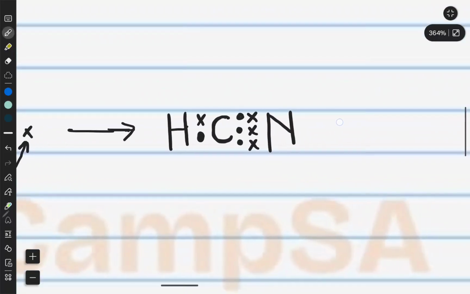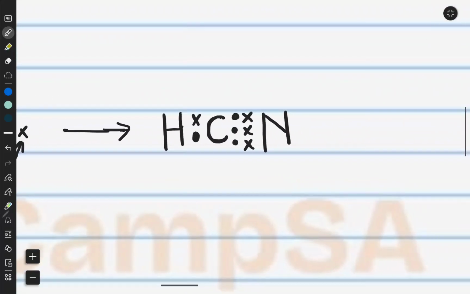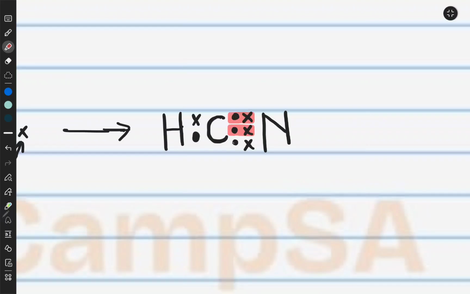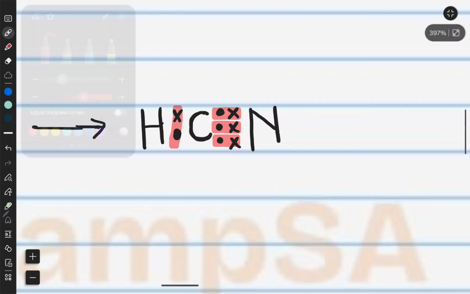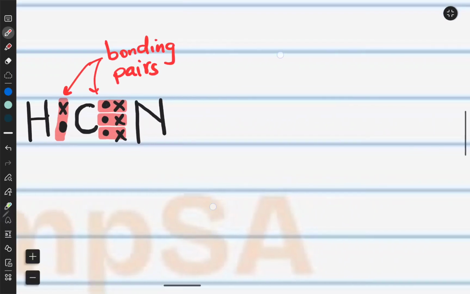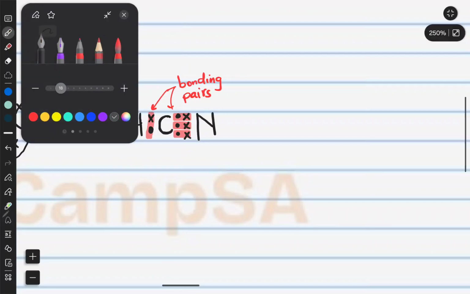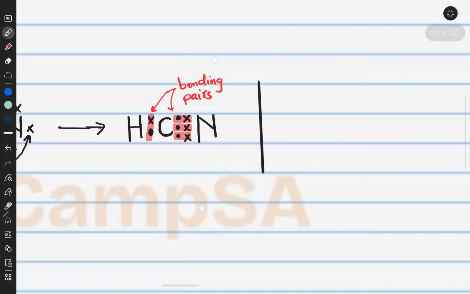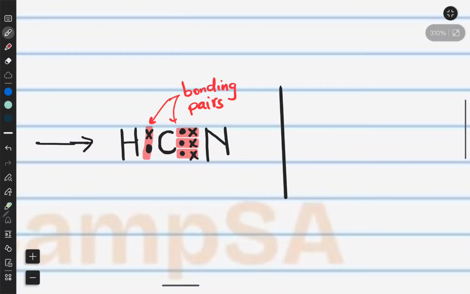And then if you check here, there are 0 lone pairs, but there are 1, 2, 3, and 4 bonding pairs. Those are our bonding pairs. And then remember, the number of bonding pairs will tell us whether that's a single, double, or a triple bond.